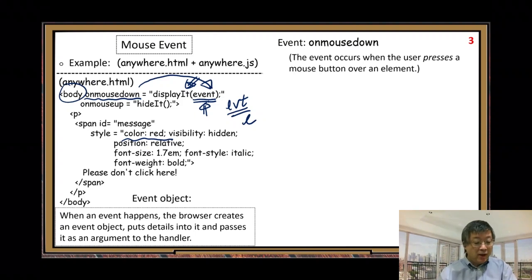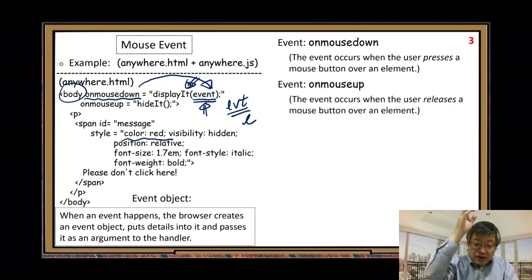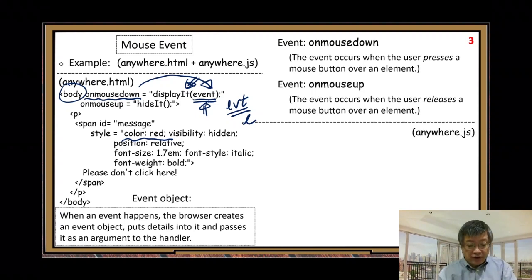But you can replace that element by a different element. The second event, on mouse up, occurs when the user releases a mouse button over an element.